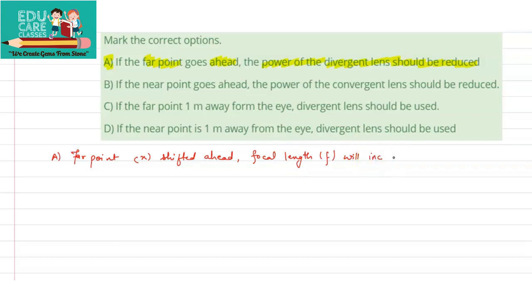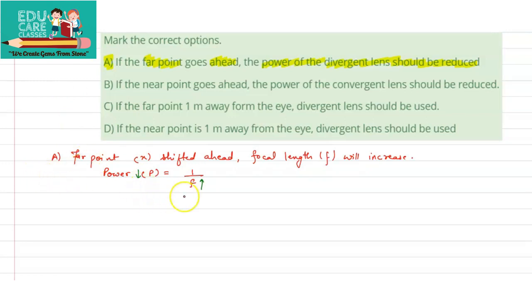If the focal length increases, power P, which is equal to 1 by F, will reduce. Now, what is happening? Power is reducing.